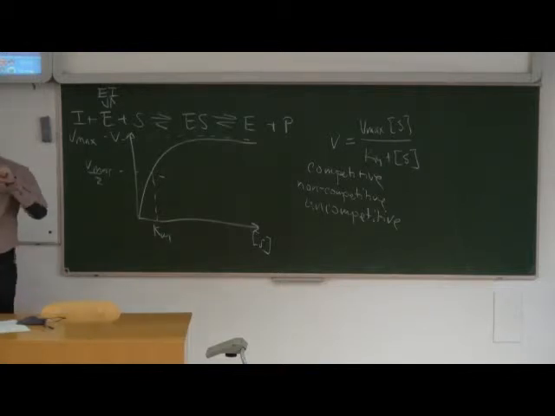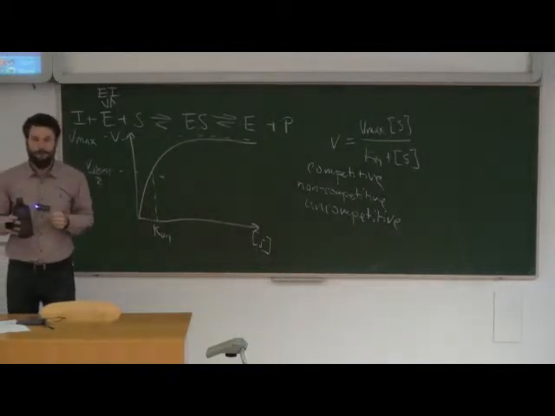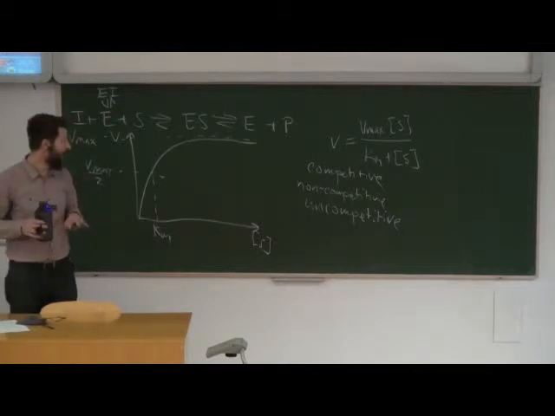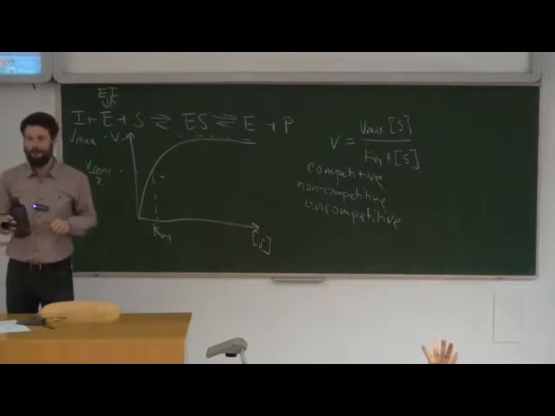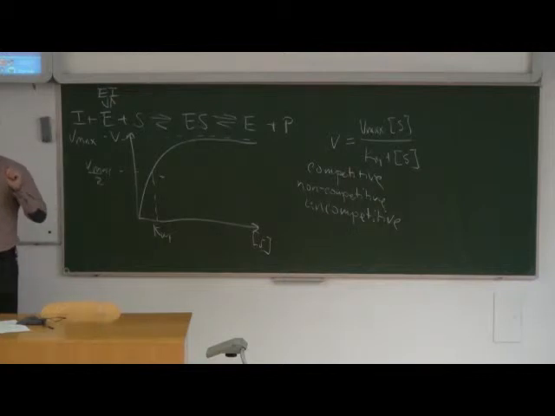Who thinks it's going to be increased? Nobody. Who thinks it's going to stay the same? About the same amount of people. Out of those who think it's going to stay the same, explain to me why it's going to stay the same.